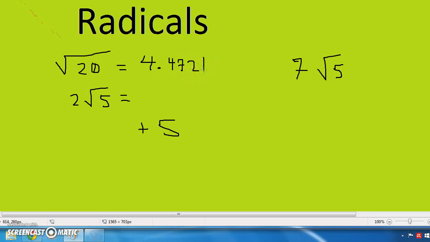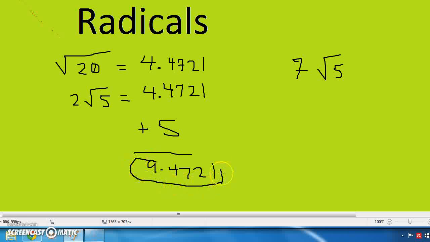Now I'll just look at this, 2 root 5, and look at that, it gives us the same exact answer, 4.472, yep. Now you just add 5 to that, and that'll solve your answer, which is 9.472. Okay, that's the answer to that problem, by the way, root 20 plus 5.